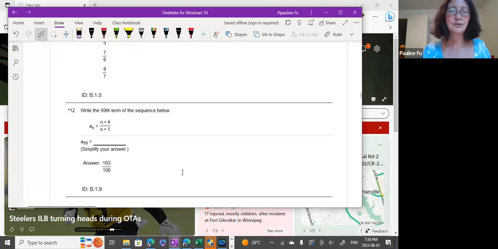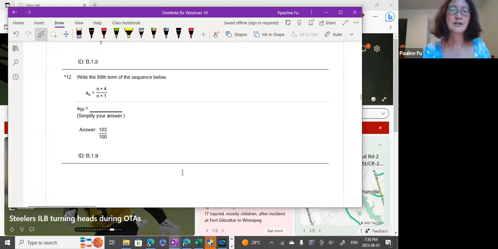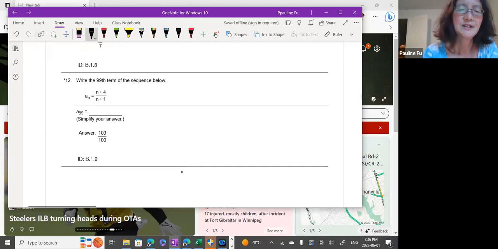Right. Question 12. Wow, this one. Write the 99th term of the sequence. The 99th term means n equals 99.